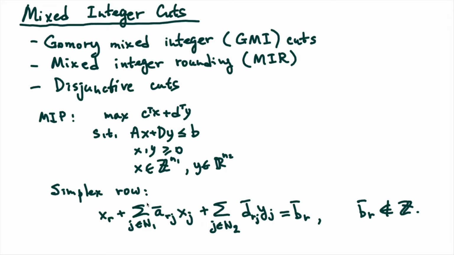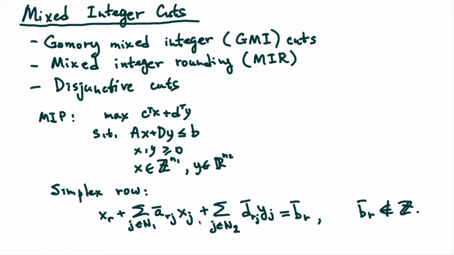And by the way, this assumes that we already added slack variables, and the slack variables would belong to this set here where you have y_j's. Because in general the slack variables in this case can be continuous, so assume that these slack variables are included in this part right here.